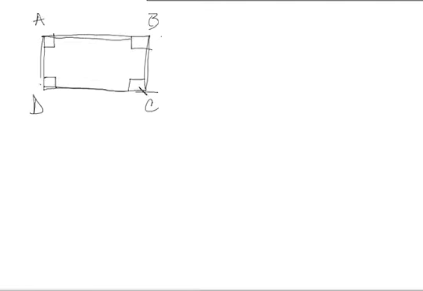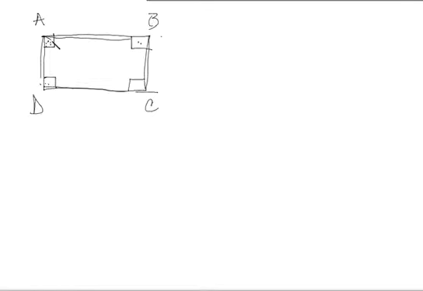The opposite sides are parallel, and the opposite sides are congruent. You know that these consecutive interior angles are supplementary. Of course, they're both 90-degree angles, but they're supplementary: 90 plus 90 is 180, and again, A is supplementary with B. So that's still going to be true.